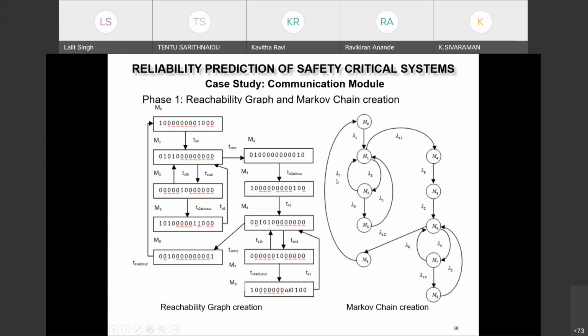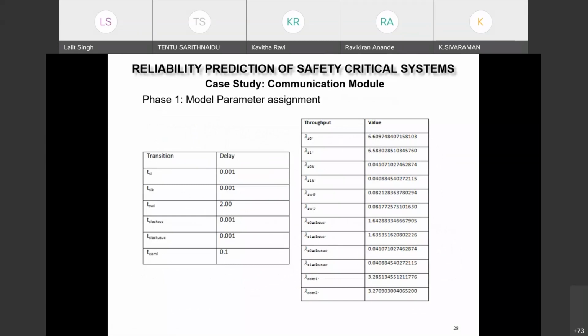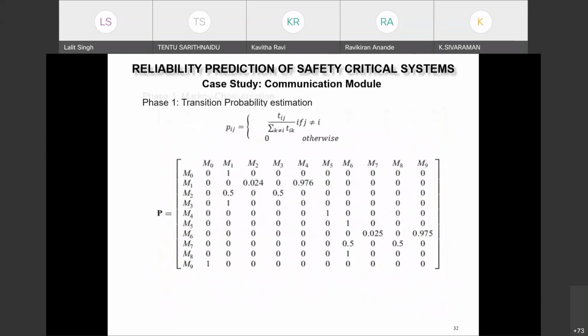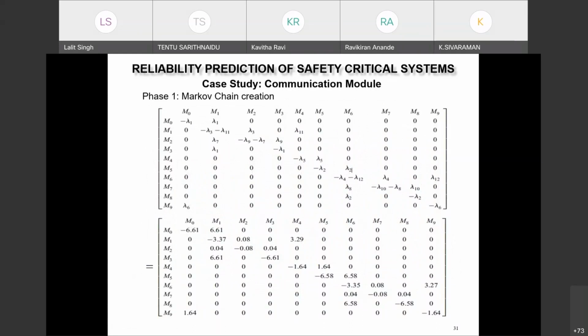But next we have to convert this reachability graph into the Markov chain, and this is the Markov chain, where the states are represented by circles, and all these transitions have transition rates represented by the lambdas. Now we have to create the transition rate matrix, which we have discussed already, which contains rows and columns.